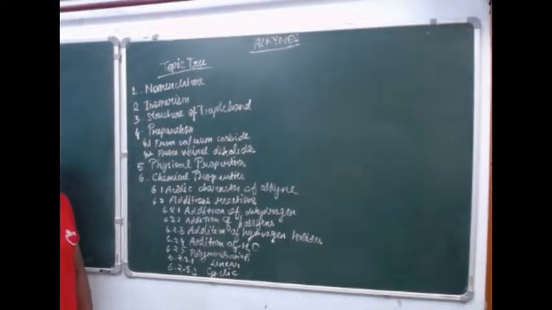Under additions, we have various examples like addition of dihydrogen, halogen, hydrogen halide, water, then polymerization. And there are 2 types of polymerization, linear and cyclic. So you must have the overview of the entire topic. Now we'll go for nomenclature. Now listen to me.